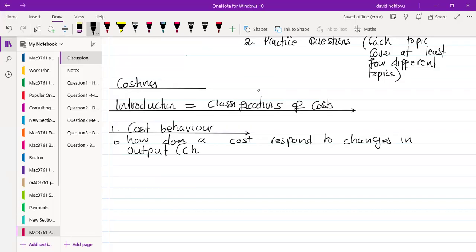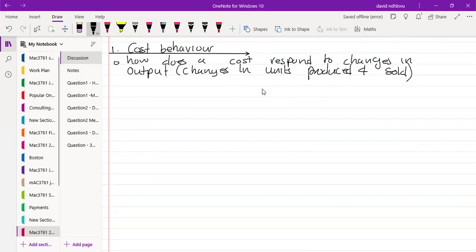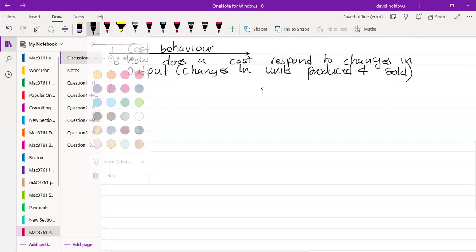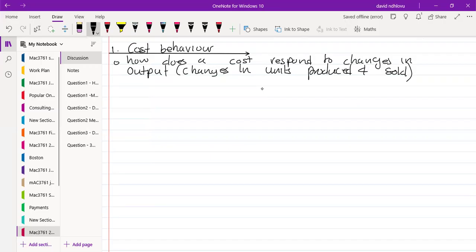That is changes in units produced and sold. How does a cost respond to changes in units produced and units sold? So we have the following cost behaviors. Number A, we have what we call fixed costs.